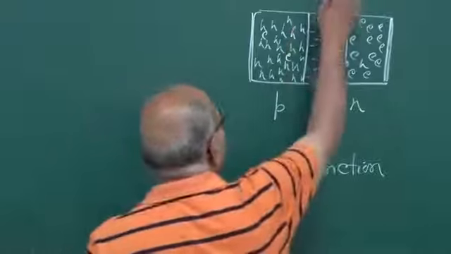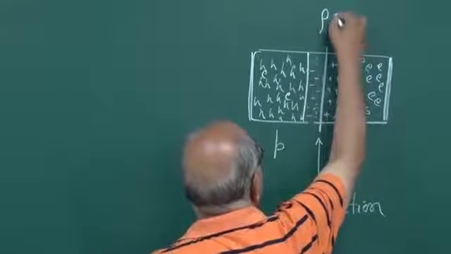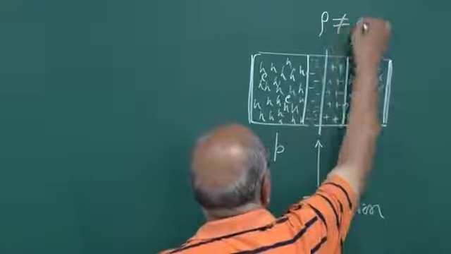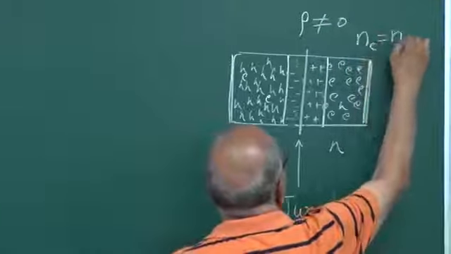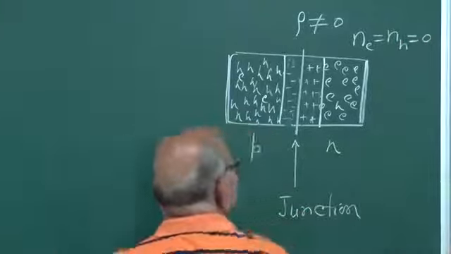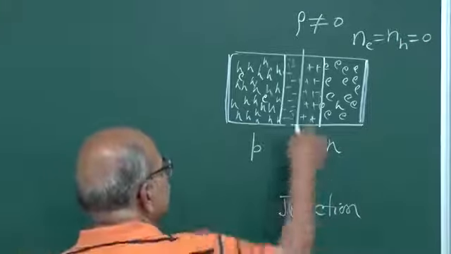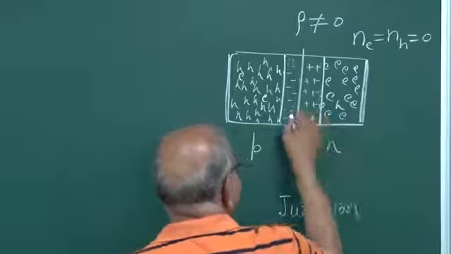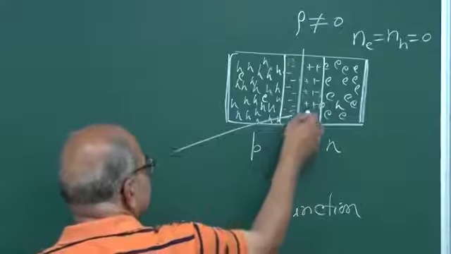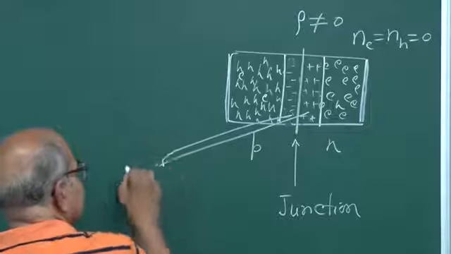So you have the charge density rho, which is not 0, but the charge carrier density is 0. This whole region where you do not have charge carriers is known as the depletion region.